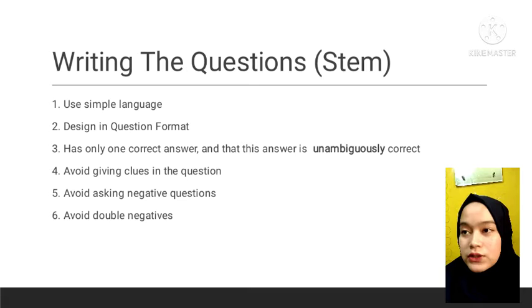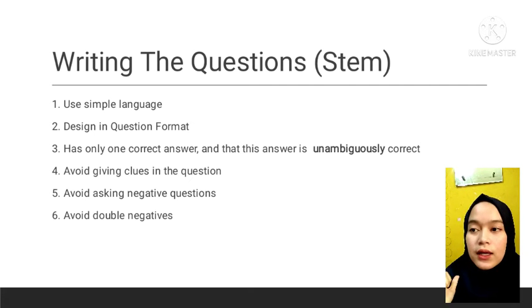Writing the questions or stem. Here are several tips that I concluded from several resources, and there are 6 tips of writing the stem.